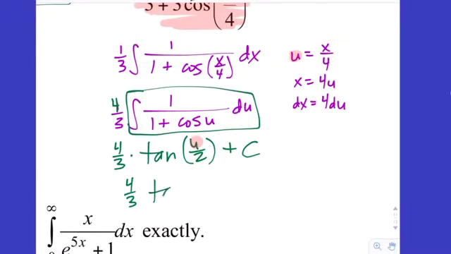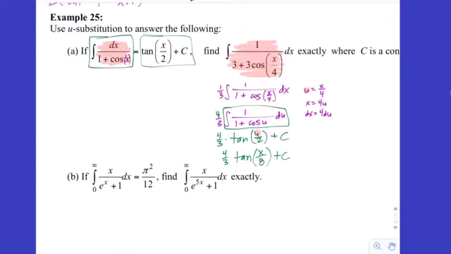So this does become 4/3 tangent of, now x fourths divided by 2 ends up being x eighths. So it does turn into x eighths. All right, so with an indefinite integral, you put it back in terms of u after you integrate, and the last step is putting it back in terms of x.